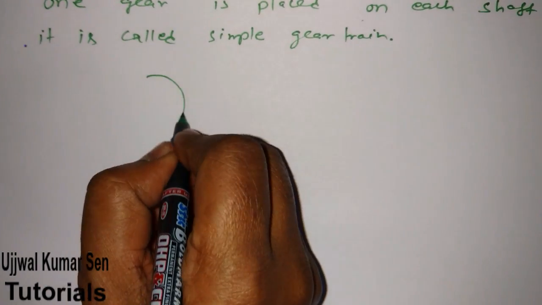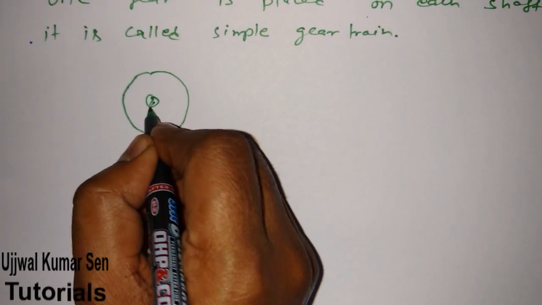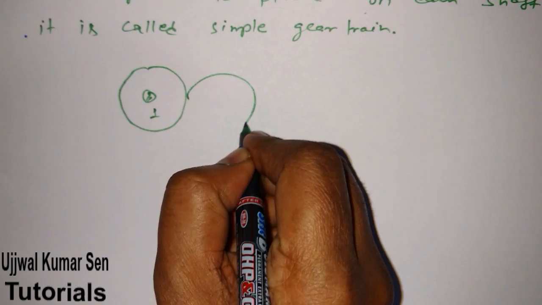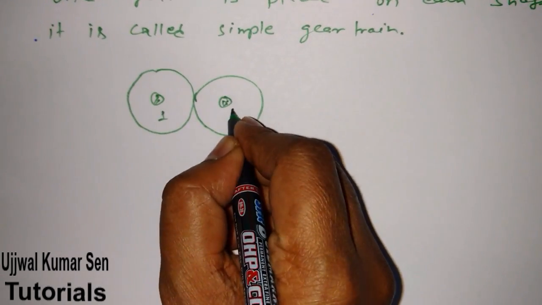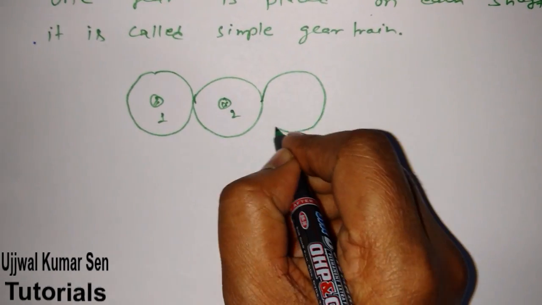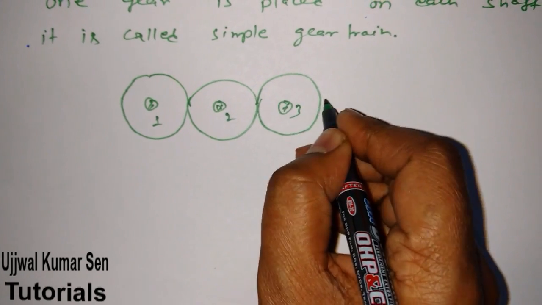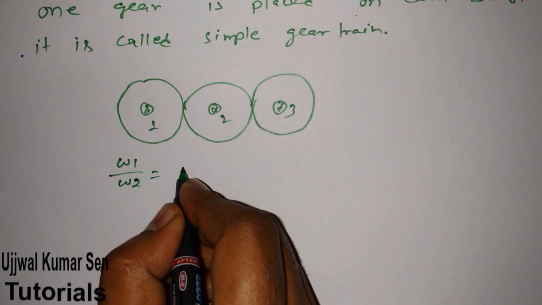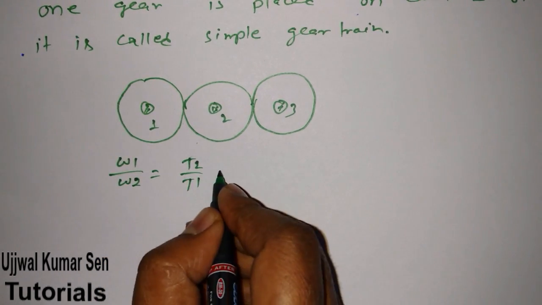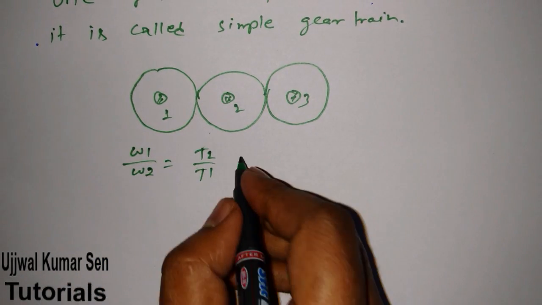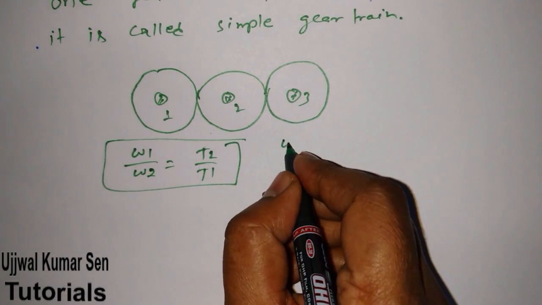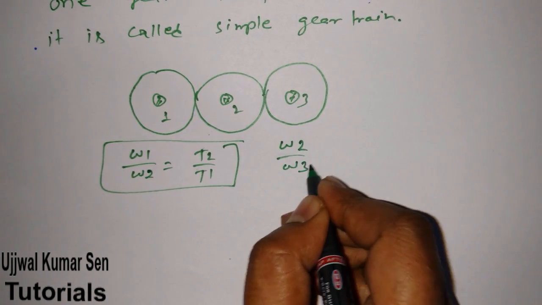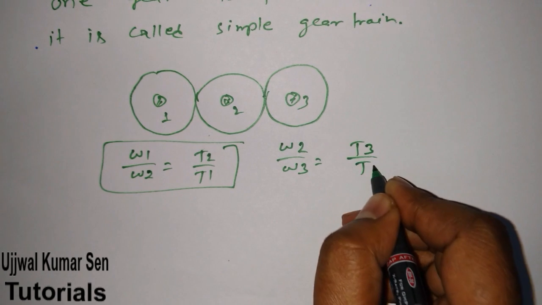Suppose we have one gear, a second gear on the second shaft, and a third gear on the third shaft. We can say omega 1 by omega 2 is equal to T2 by T1. Also, omega 2 by omega 3 is equal to T3 by T2.